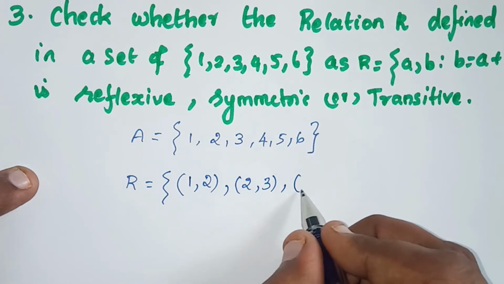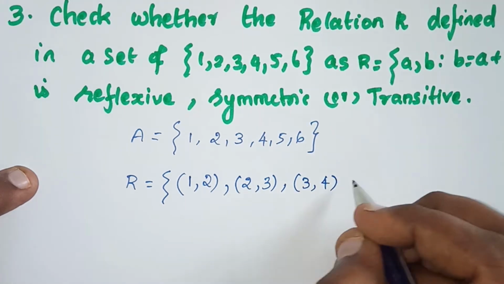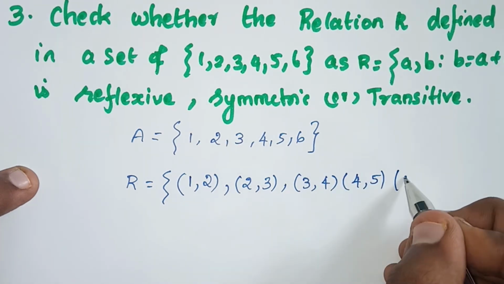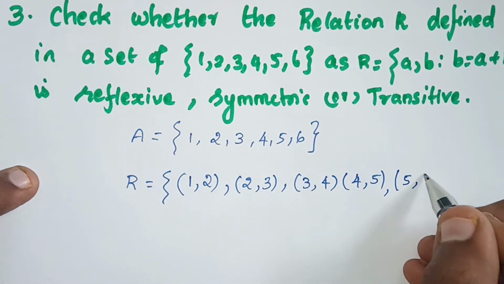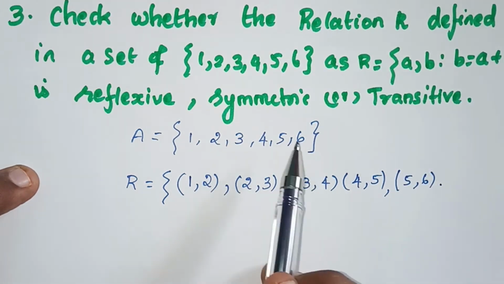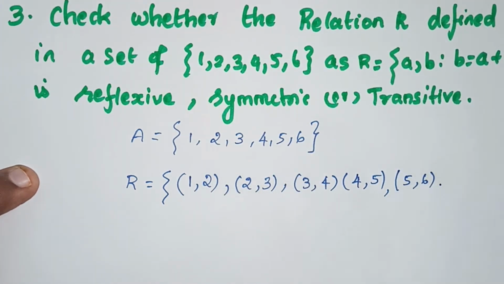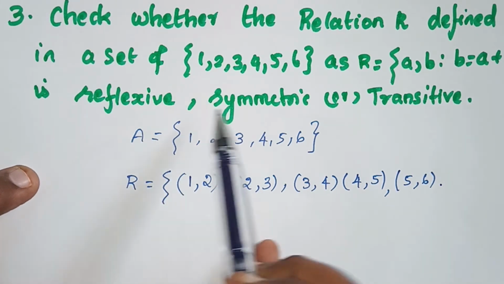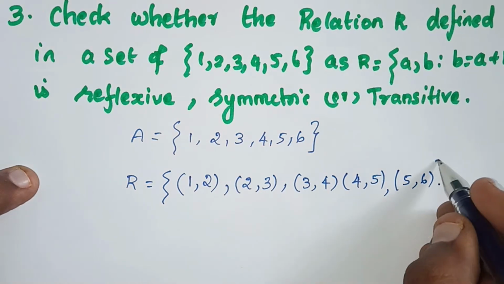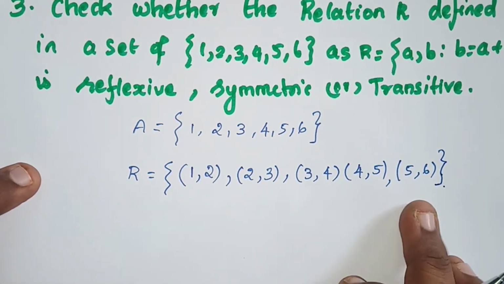Next, 3: 3 plus 1, 4. Next, 4: 4 plus 1, 5. Next, 5: 5 plus 1, 6. Next, we need to take 6, right? A is 6, b is equal to 6 plus 1, 7. So, 7 is not available in this set A, so we won't take that pair. So, we will end this.